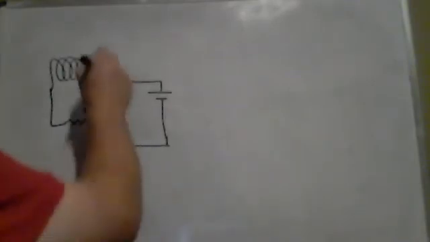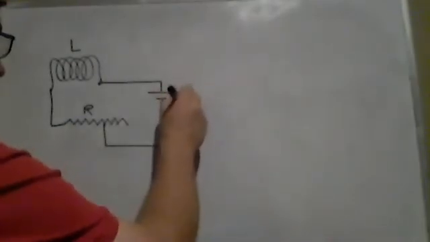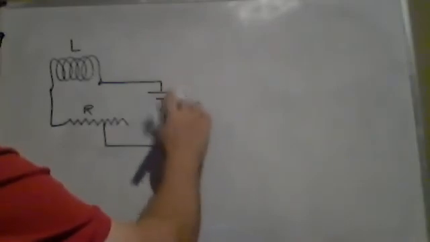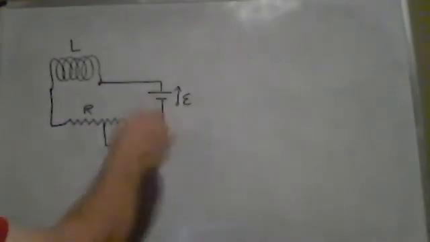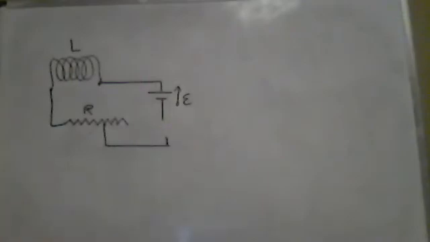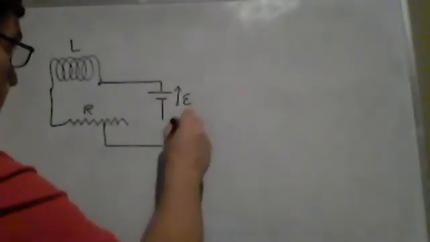This is an inductor. And it's very, very exaggerated, very blown up. Here's my battery. Call it epsilon. And I have a resistor on it. Okay, so now what's going to happen? I throw a switch. I didn't really put a little switch on here.